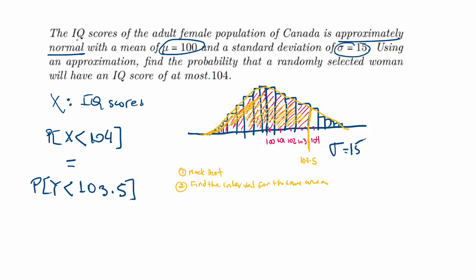Because it is not always a 0.5. It depends. Let's say the IQ scores were jumping not 1 by 1 but 4 by 4. So you could have an IQ of 0, 4, 8, 12, 16, and so on. You wouldn't have a half.